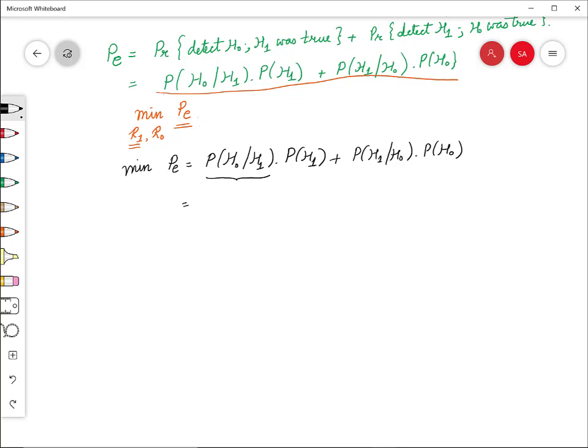Suppose I decide H1 if X belongs to region R1 and decide H0 if X belongs to region R0, or I can also write it as R minus R1, or R1 complement.